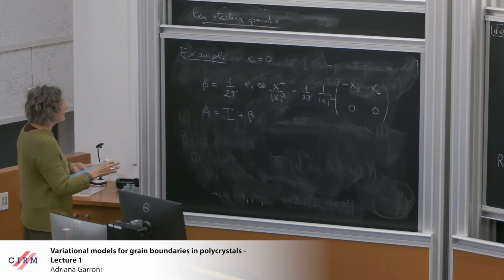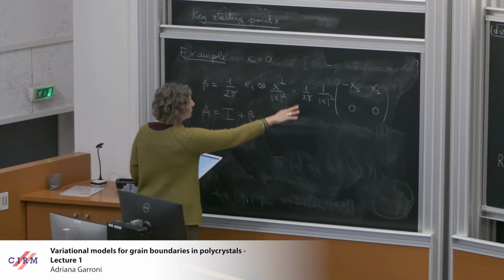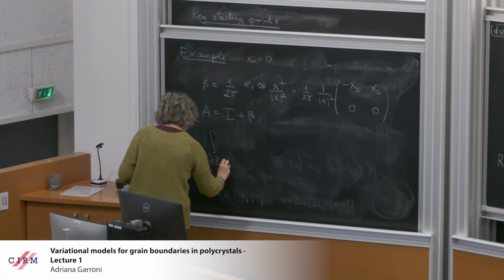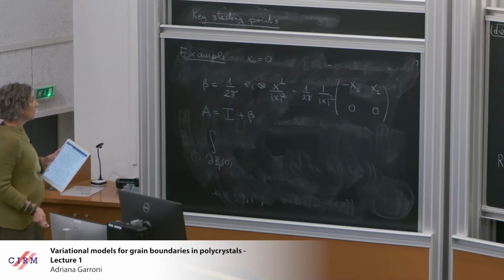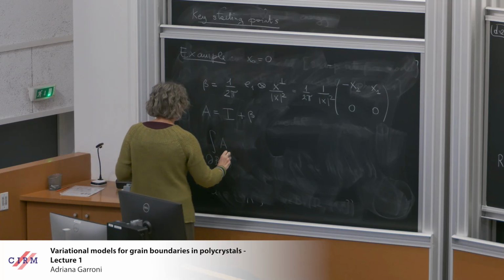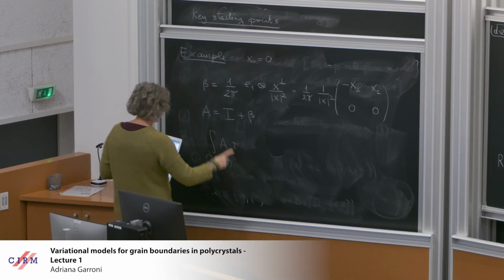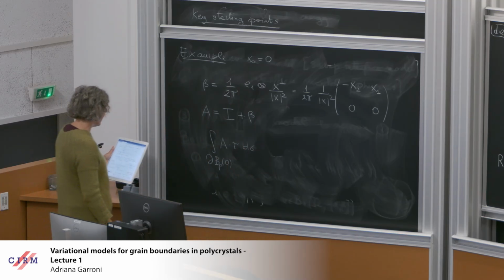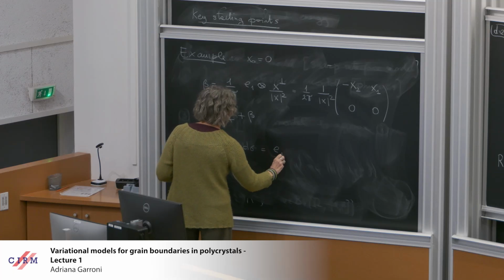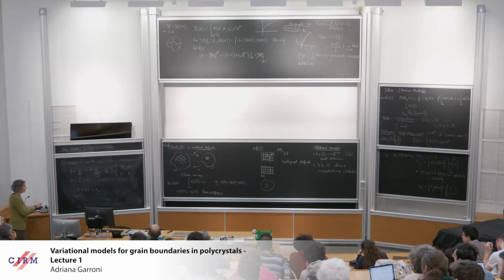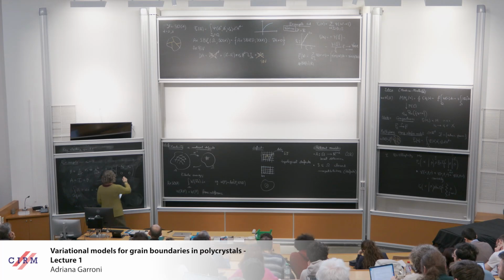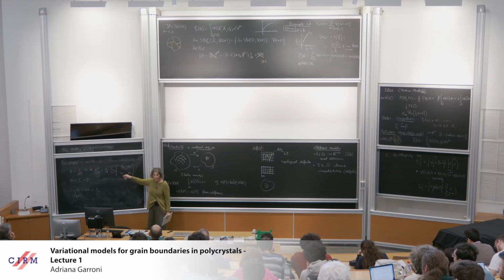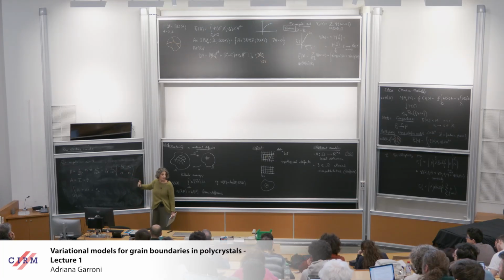So this field is well defined up to 0. Now if I take the circulation of this field on a circle centered at 0, so the line integral on this boundary, this is e1, because the circulation of this is the typical example in which the circulation is 2 pi, and the other row is 0, so it's e1.